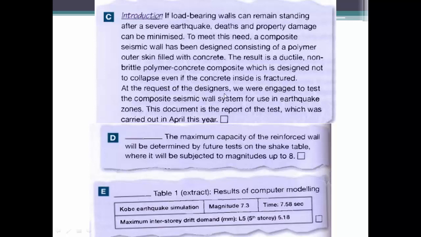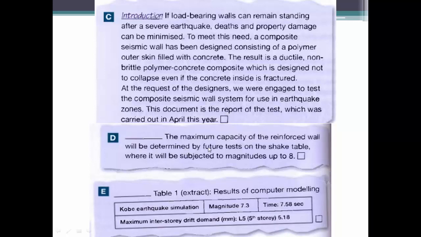At the request of the designers, we were engaged to test the composite seismic wall system for use in earthquake zones. This document is a report of the test which was carried out in April this year. So, answer: introduction given as second. The only thing we need to do is put the order. It comes first.